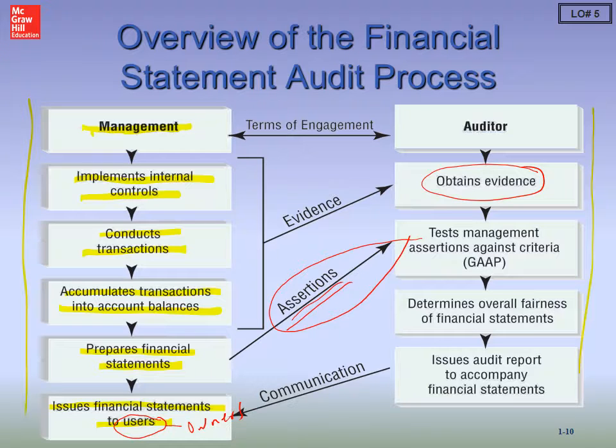So if I want to see if an asset exists, I'll look at that asset being listed on the financial statements, and I will walk out there and look at that piece of equipment. The auditor is applying an audit procedure that will give them direct personal knowledge as to the existence assertion over that asset. Based on that evidence, we will then determine the fairness of the financial statements, and we will issue a report that accompanies the financial statements.